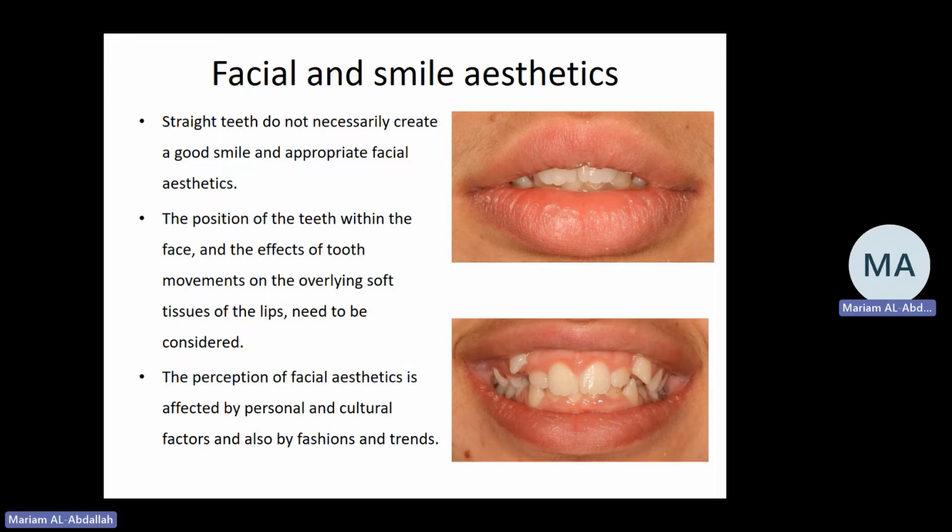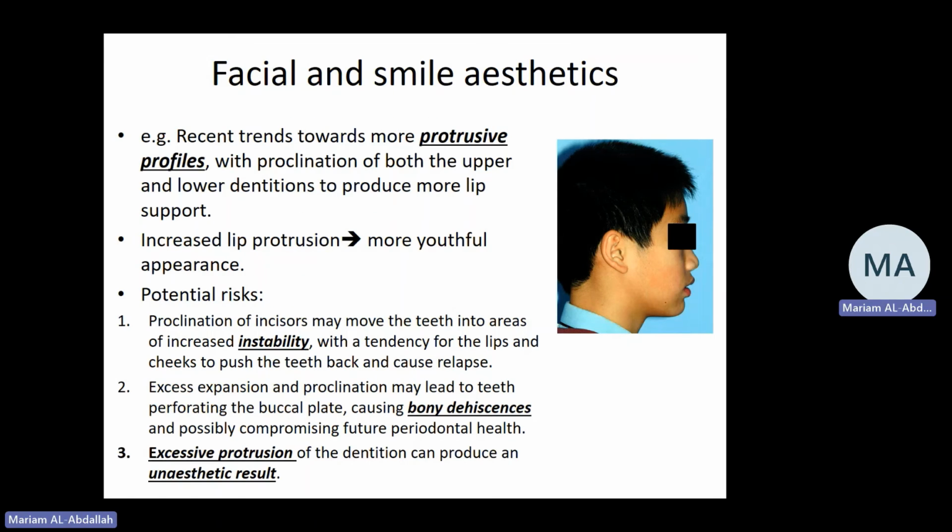Now, the perception of facial aesthetics is different, and it is affected by culture, by personal traits, and by some social and fashion trends. Just to give you an example, the recent trends toward more protrusive profiles, where people are demanding proclining of upper and lower incisors to have this full, youthful appearance profile.